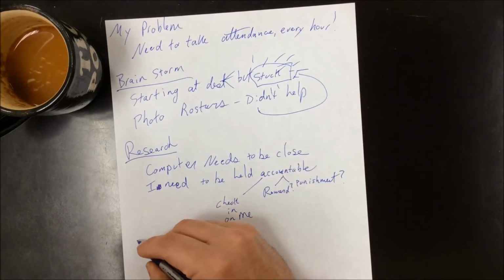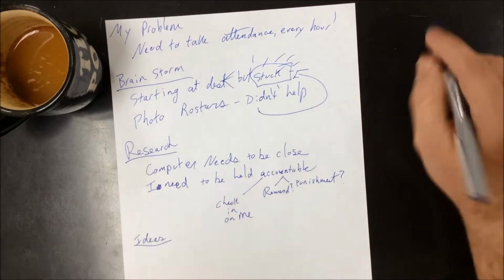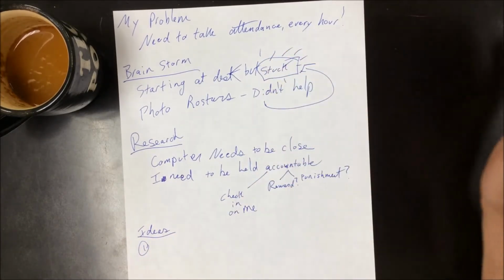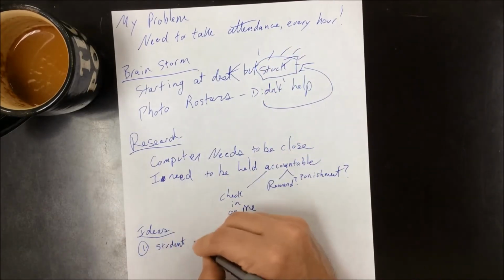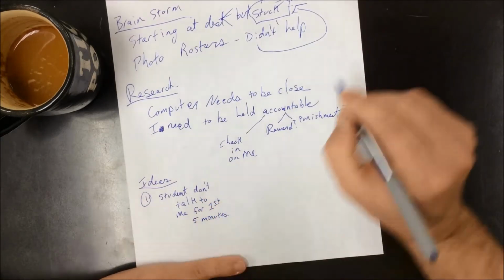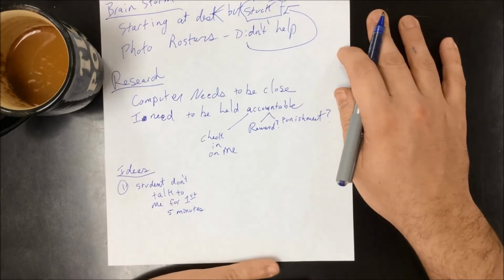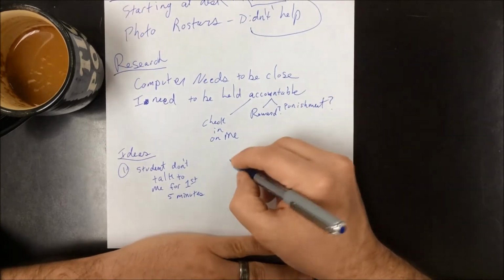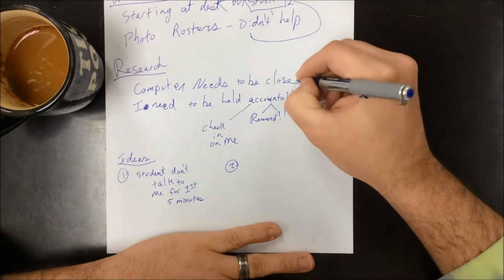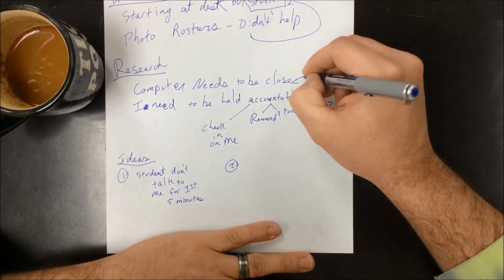Okay, so now for my ideas, I could tell my students not to talk to me for the first 5 minutes. Or I could, let's see, according to my research, the stuff I need needs to be close. So I need to have my computer.